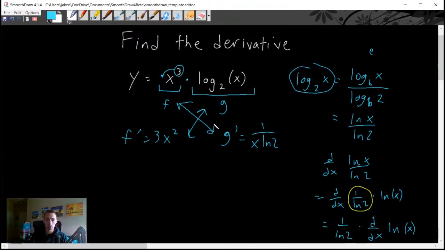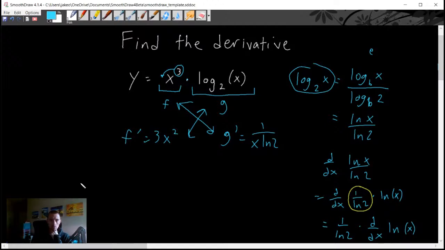So the original of one times the derivative of the other one, the derivative of the first one times the original second one. It doesn't really matter what order you do these, right? We could do f prime times g plus f times g prime, or vice versa, as long as you're making sure to multiply the derivative of one times the other original. So if we take f times g prime first, we get x cubed times 1 over x ln 2.